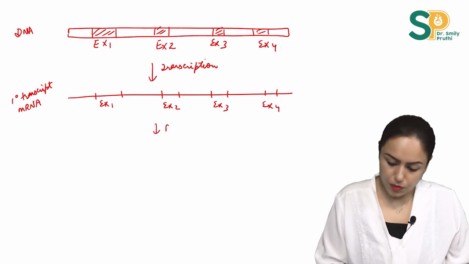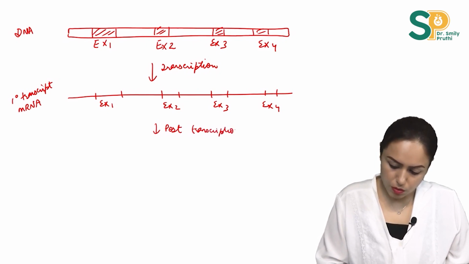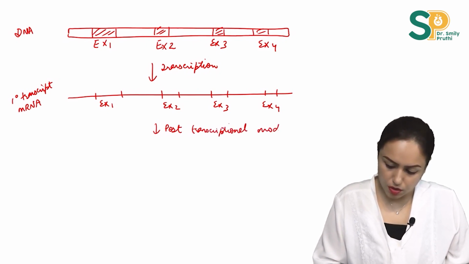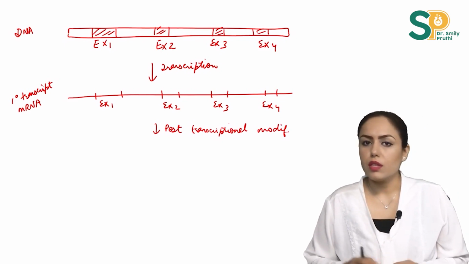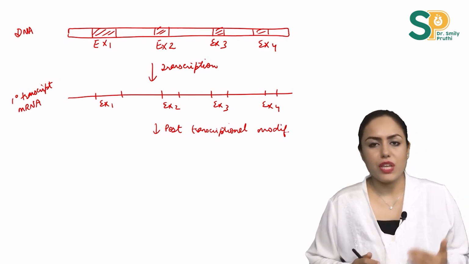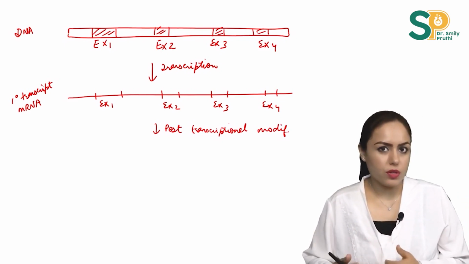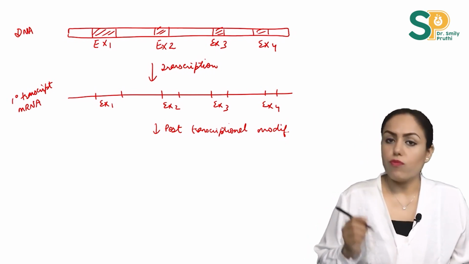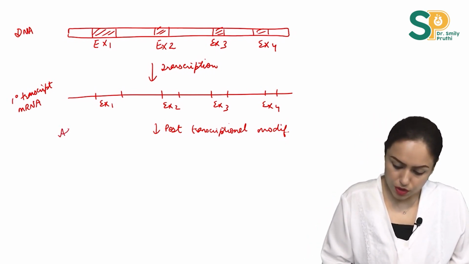Now after transcription, post-transcriptional modifications occur. We know that, right? The basic ones you know: cap, tail and splicing, okay? That I'm not showing on this diagram. So one of the post-transcriptional modifications is alternate splicing.